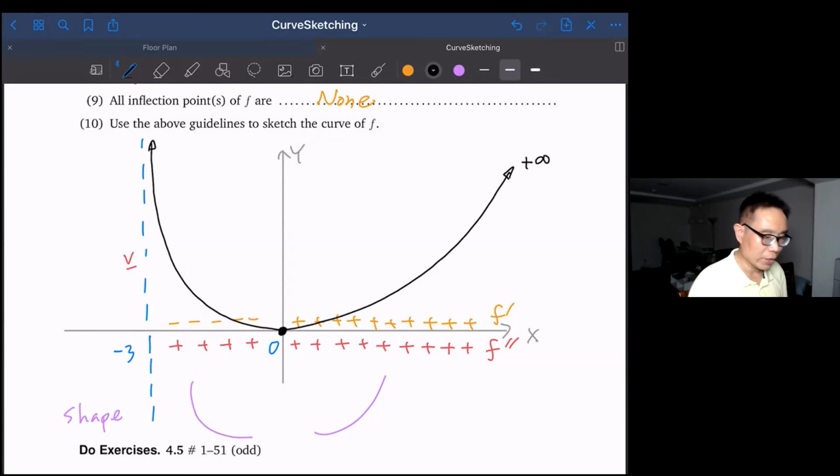And this one is gonna go to this vertical asymptote. Okay, so this one is the graph.